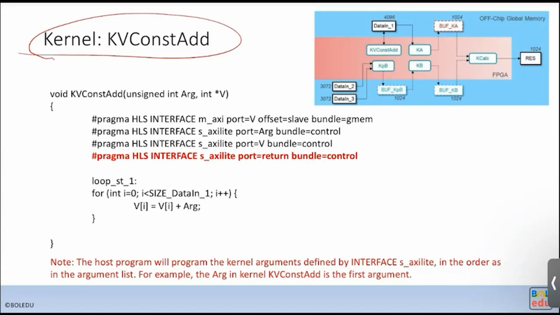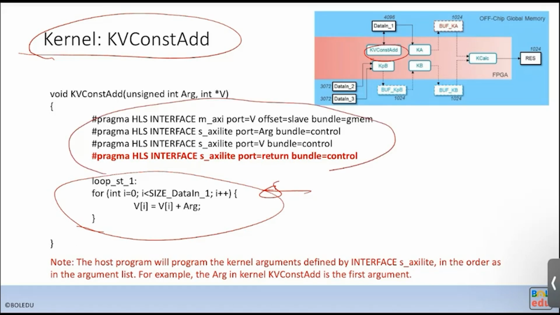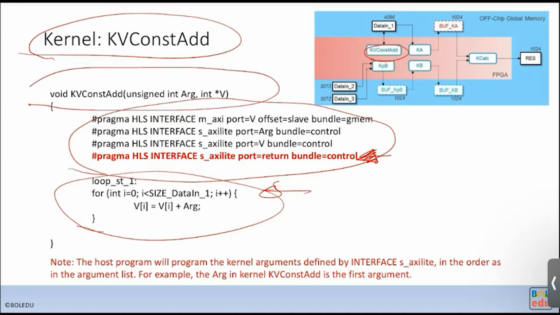There are a few things you need to pay attention to in the kernel function. The body of the kernel function really doesn't matter. You can do whatever. What it demonstrates is the pragma here. First, you always need to put this one: if that's the kernel function that is going to be exposed to host program control, then you need to put this s_axilite.